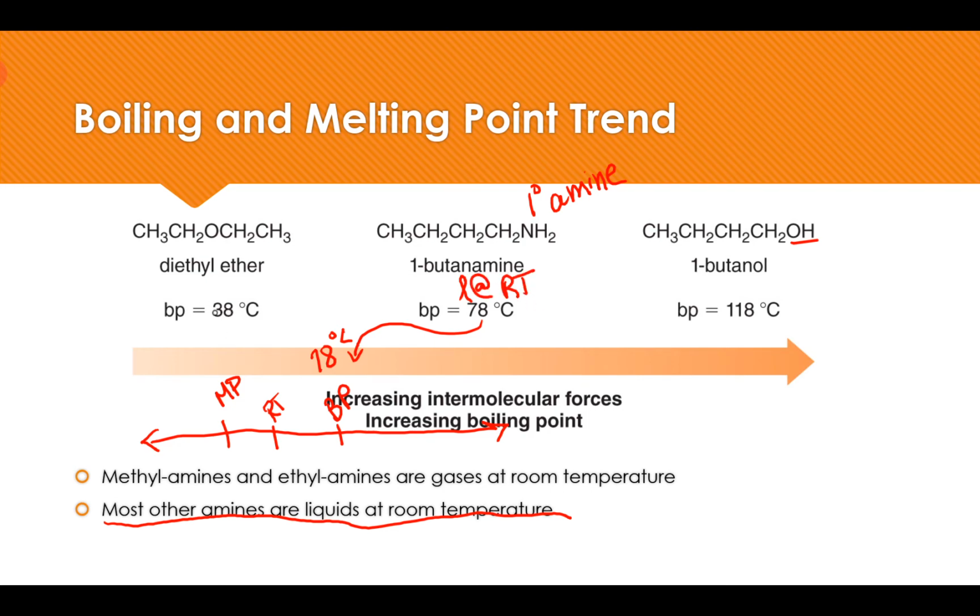This molecule, its boiling point is just above room temperature, and so this molecule would also be a liquid at room temperature. So if room temperature is instead up here, then it is a gas instead, because room temperature is hot enough to exceed the boiling point of the substance already.